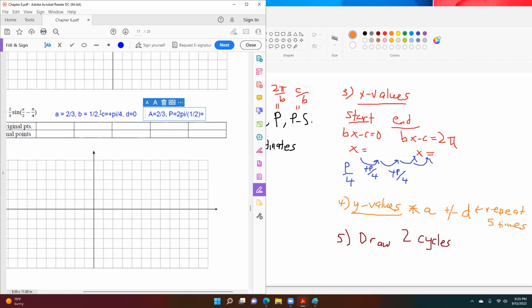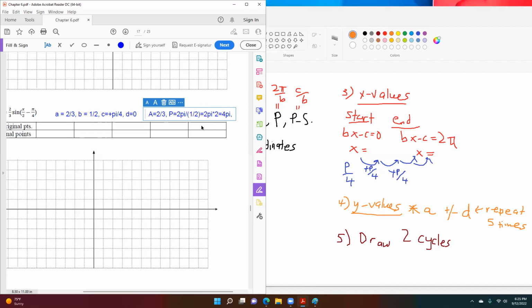So this is the same thing as 2 pi divided by 1/2. I don't have the divide symbol here. So we can change the divide to become multiply. Then you have to flip your fraction around. So this is actually 4 pi.